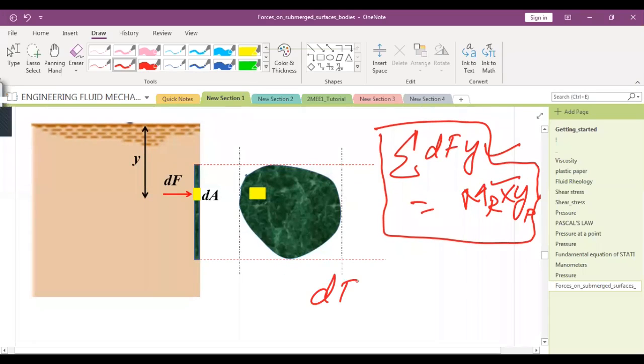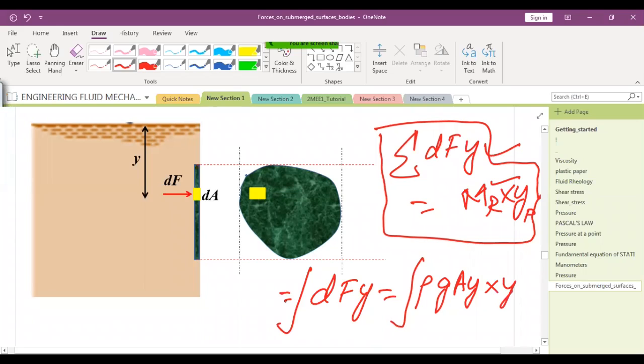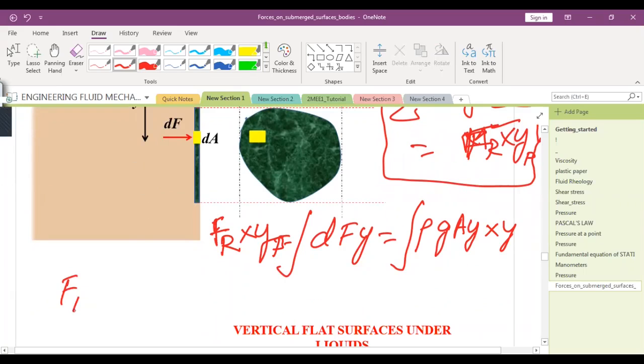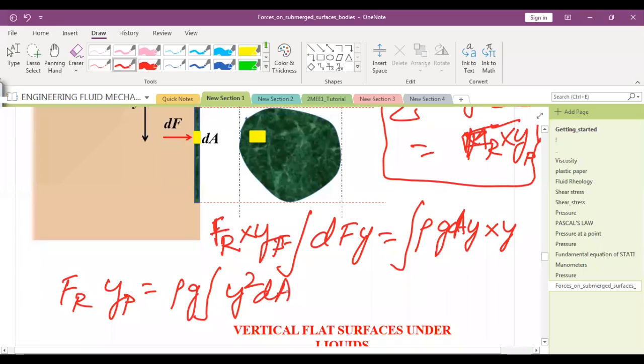So what is integral of dF into y? dF was rho g y dA, into y. This is equal to resultant force into the location at which that force is acting, yp. Then Fr into yp becomes equal to rho g, which comes out of the integral sign, and I get integral of y square dA.